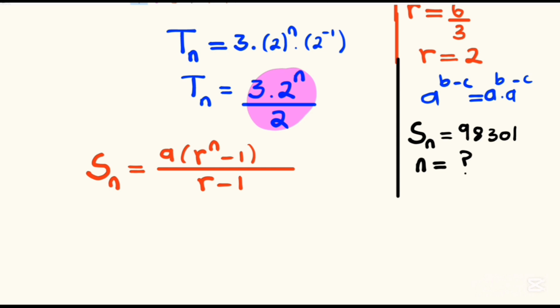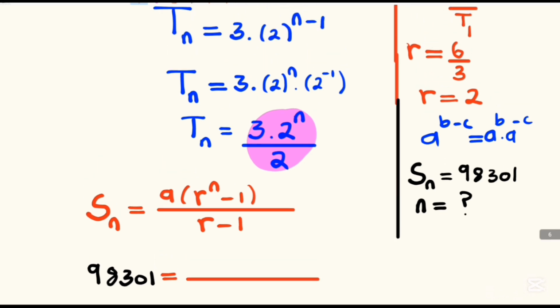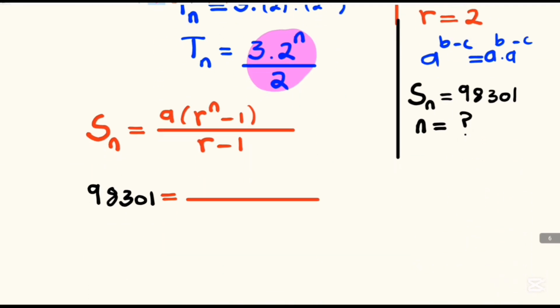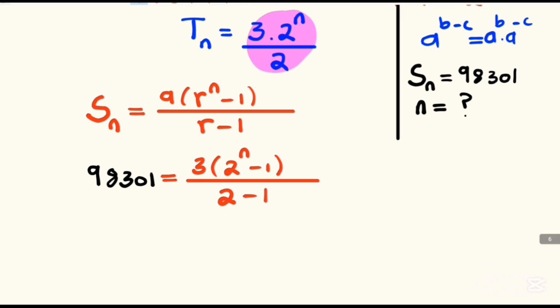In the place of the Sn, we go right ahead and substitute the 98,301, and this will be equals to a, and in the place of the a we have 3. So our a is equals to 3, the first term, and our r is equals to 2, and we have to determine the n, and this will be divided by 2 minus 1.